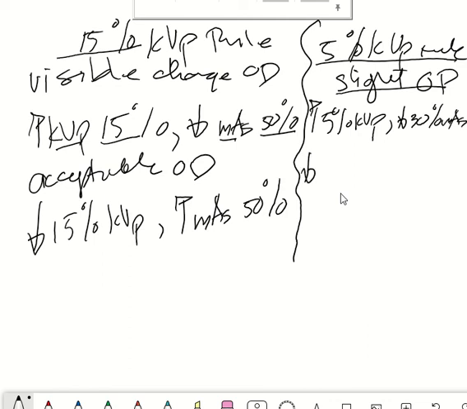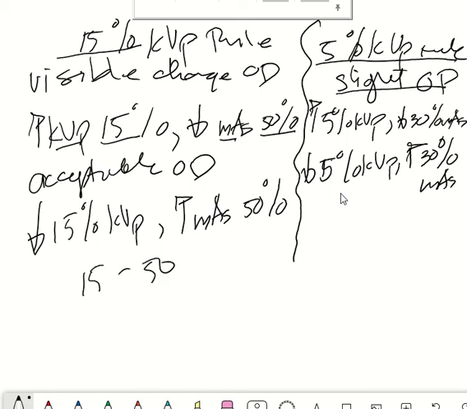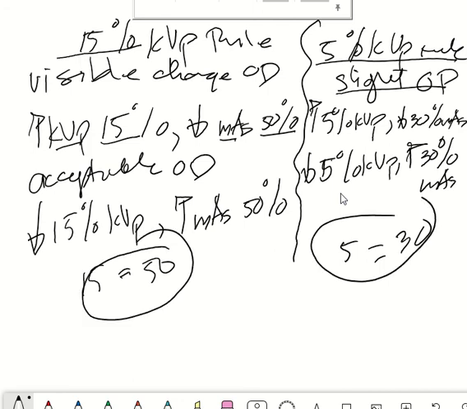If you decrease kVp by 5%, increase MAS by 30%. Okay, tandaan, 15-50. Ito, 5-30. So, that is the general rule. Okay? Again, inversely related ang kVp at MAS.